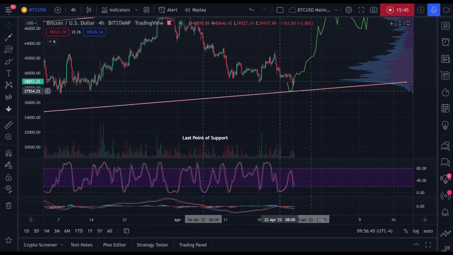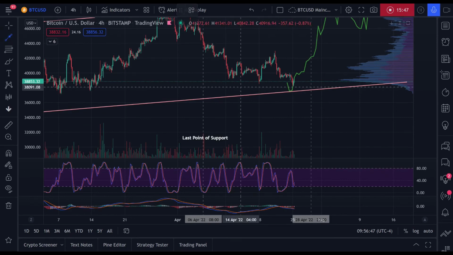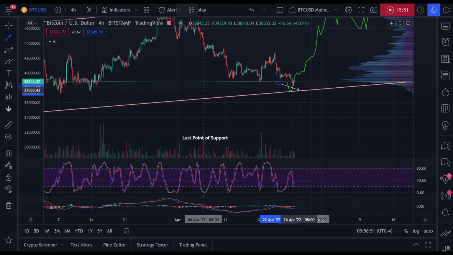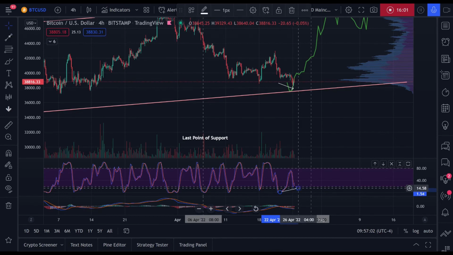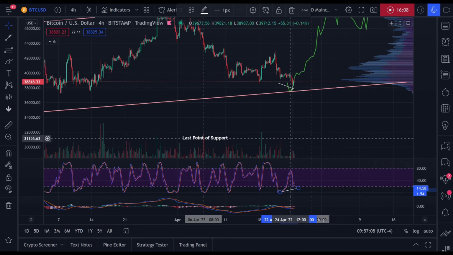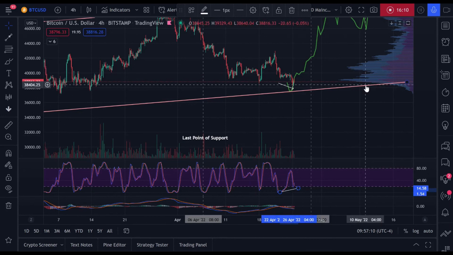We have a lower low in price action, from this low to that low, and a higher low in stochastic RSI. So expect a markup from here, given the strong bullish divergence on the 4-hourly time frame in Bitcoin.